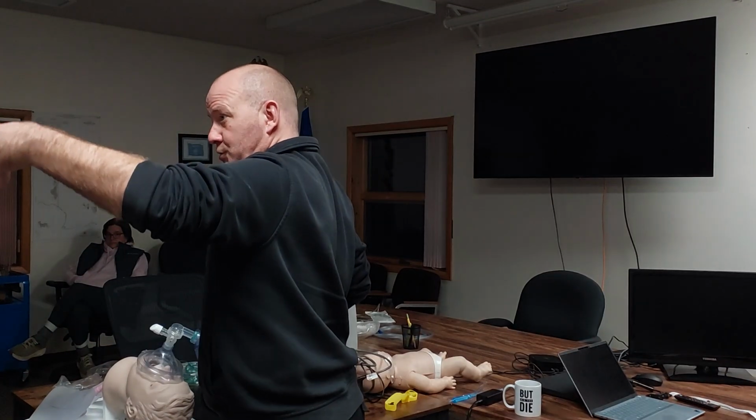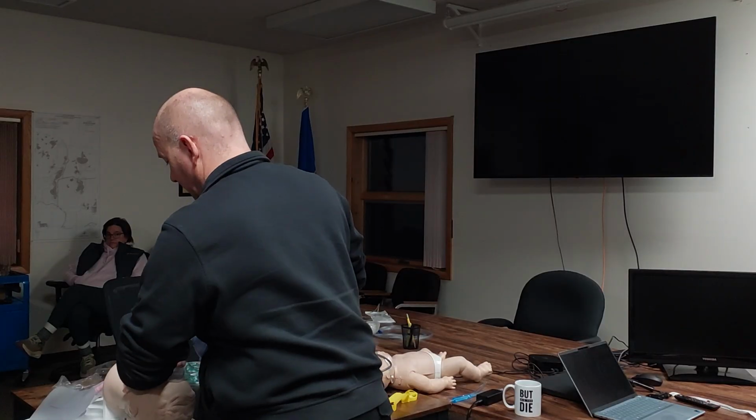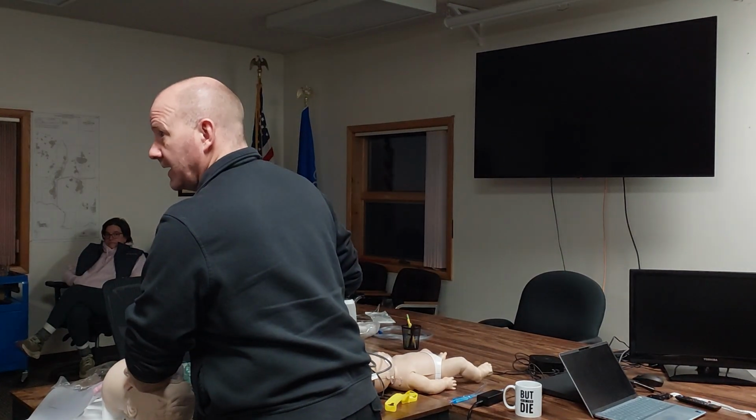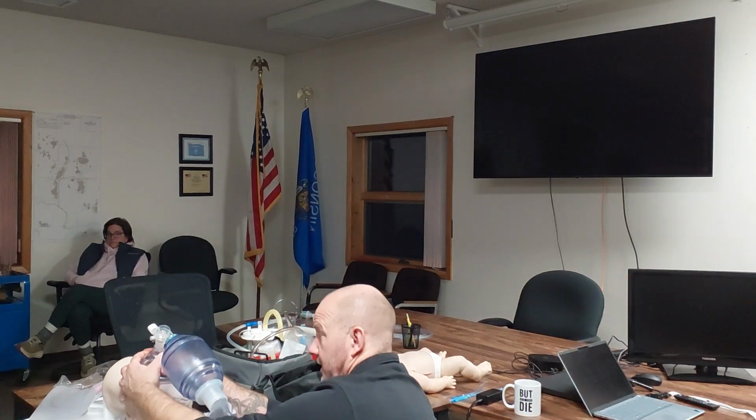So I'm pushing down and pulling up, kind of doing this motion with that mask. This is not ideal. Ideal is, I sit here out of the way and just hold the mask while someone else is squeezing. This is the best way to use a bag valve mask. It should be a two-person technique.